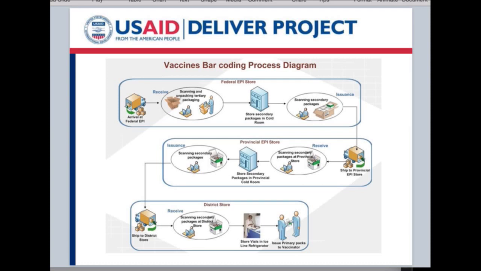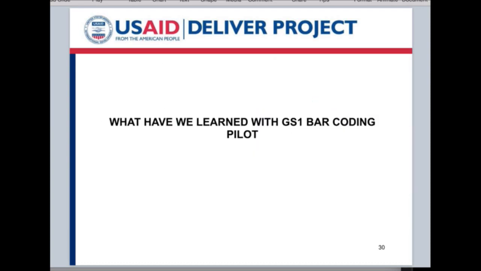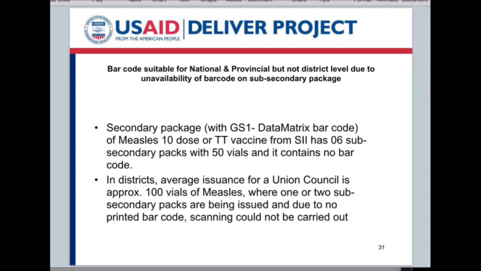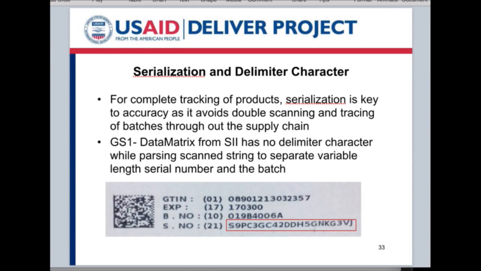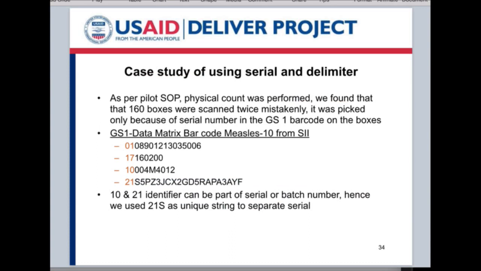The lesson we have learned is that 3-4 packaging levels are required, as defined in the VPAC, but this is not the case in different vaccines, because some have more than the prescribed levels, and some lack barcodes at different levels. There are also serialization problems, barcode quality problems, and mixed batch and loose product problems. And with this pilot, we also simplified our scanner application.